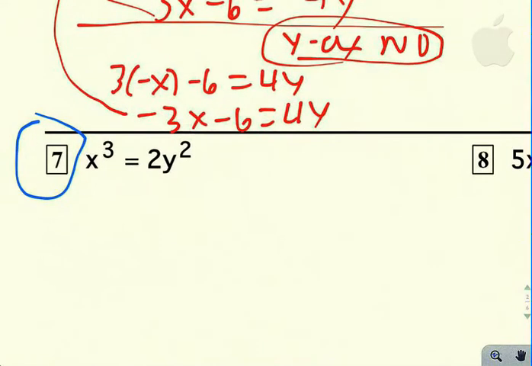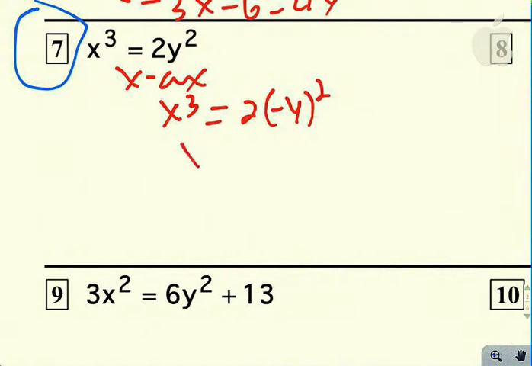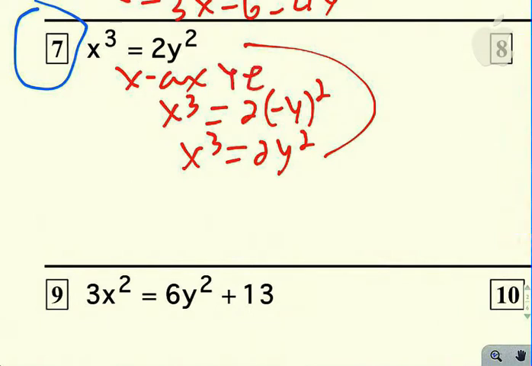Number 7. We'll do x-axis first. So you negate the y. x cubed then equals 2y squared. These are equivalent. So for x-axis, we have symmetry.